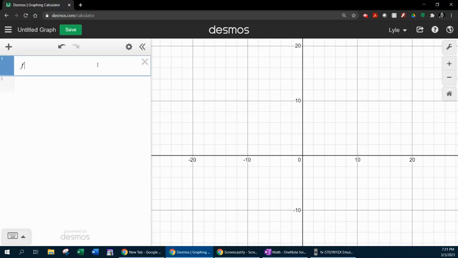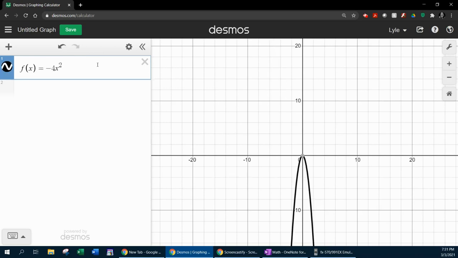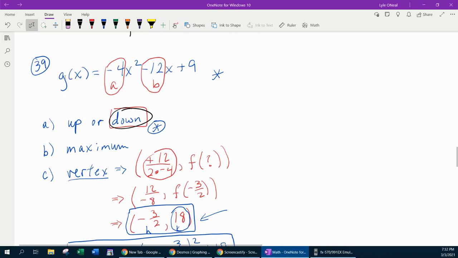Okay, so if we come to Desmos and input our function, f of x equals negative 4x squared, the way that it looked at the very beginning, and I called it f of x, that's irrelevant, okay? F of x, g of x, whatever, equals negative 4x squared minus 12x plus 9.